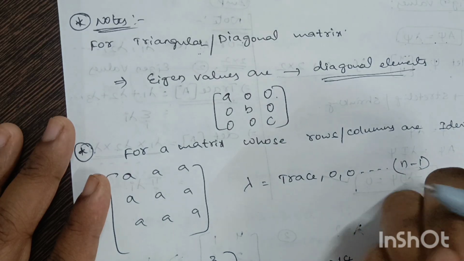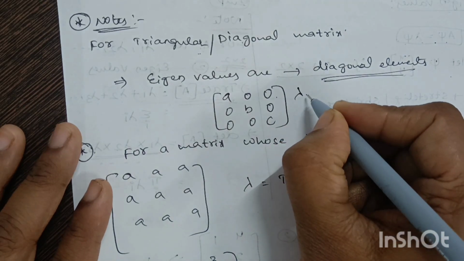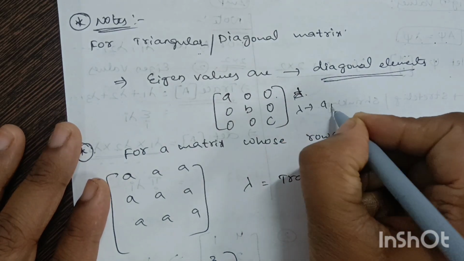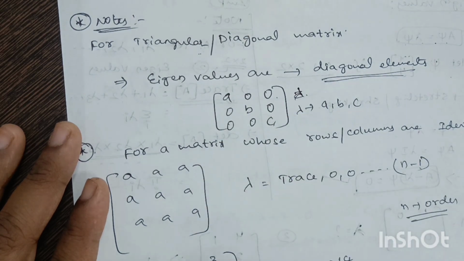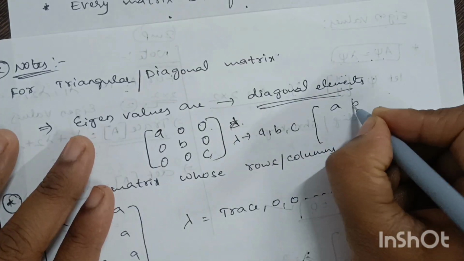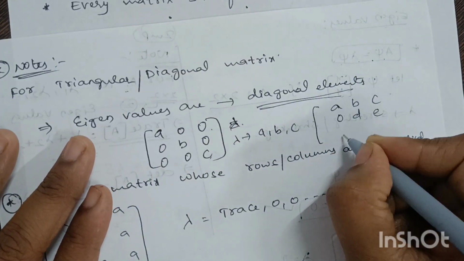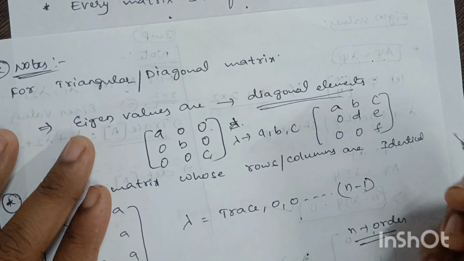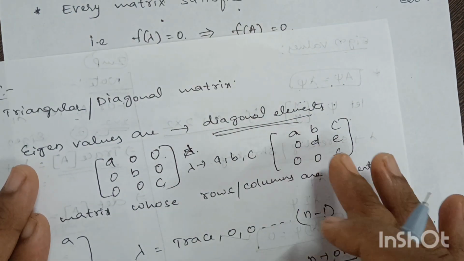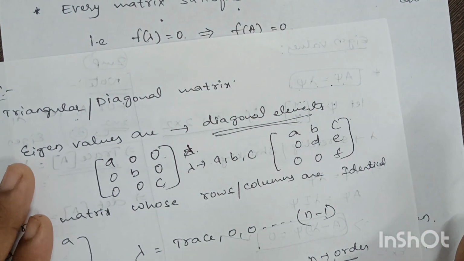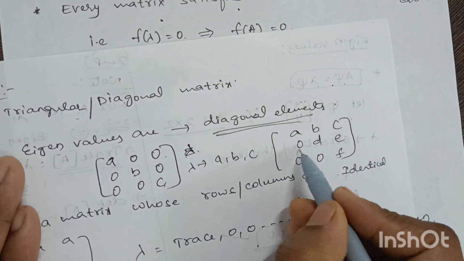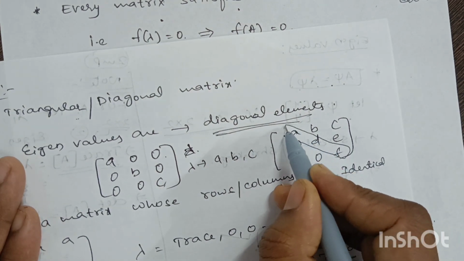What are the eigenvalues of this diagonal matrix? Lambdas are a, b, c, directly the diagonal elements. And also, for example, a, b, c, 0, d, e, 0, 0, f. This is an upper triangular matrix, and likewise for a lower triangular matrix. These diagonal elements are the lambdas.